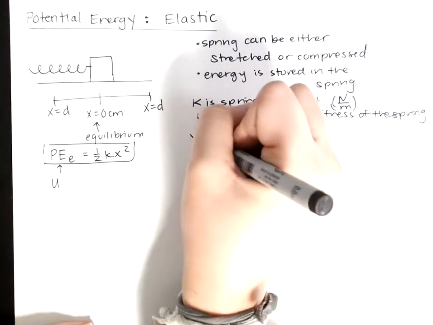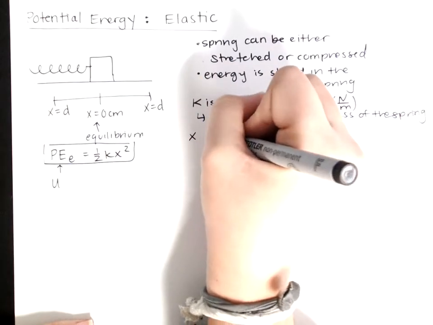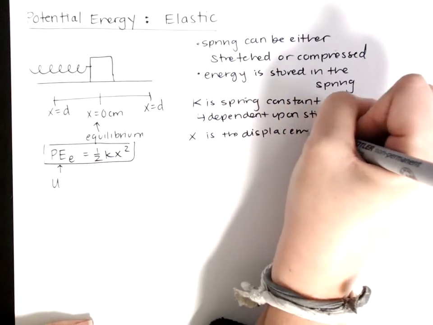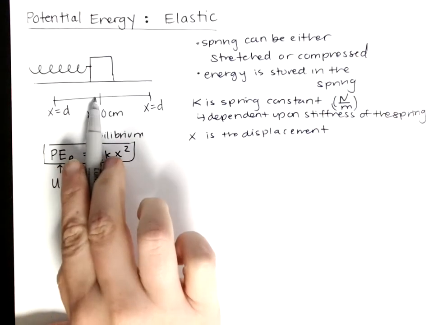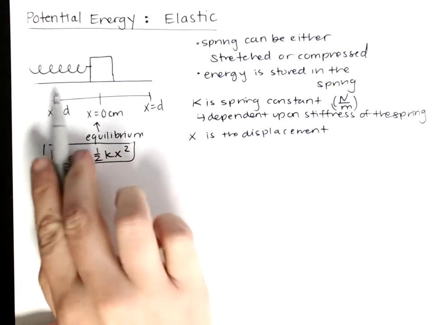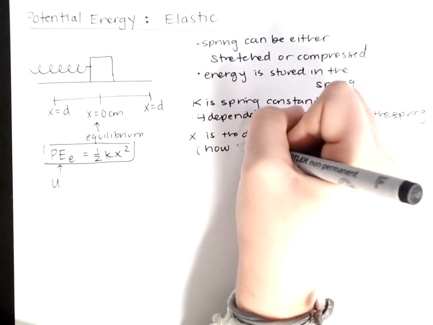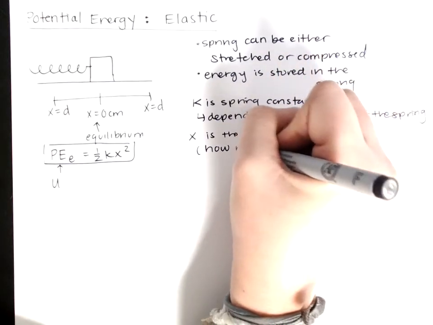Okay, x in our equation is the displacement. So it's the displacement from its equilibrium point. We can either stretch it out to x equals d, or we could compress it to x equals d. But it's how much the spring is either stretched or compressed from equilibrium.